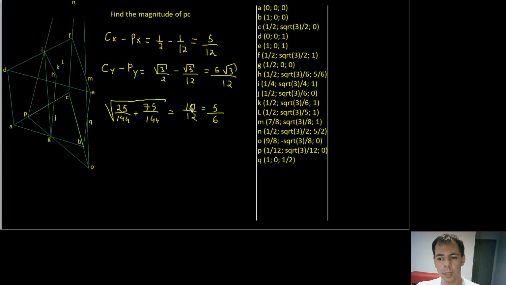The square root of 100 is 10. And the square root of 144 is 12. I simplified this. 10 divided by 12 becomes 5/6. All right. So now I know the length of PC.